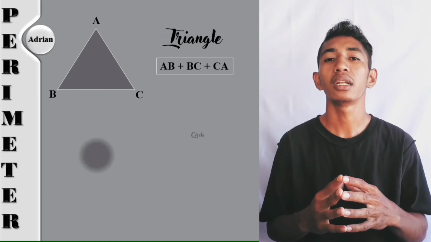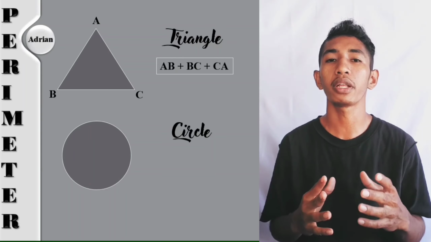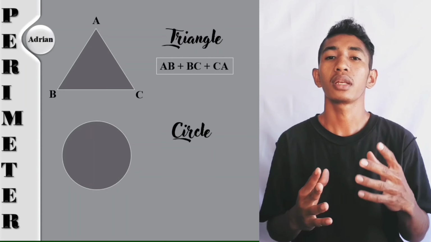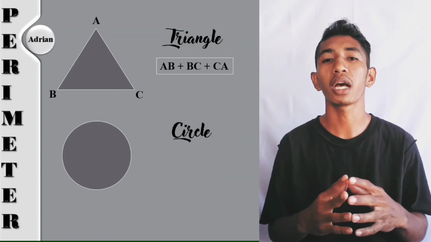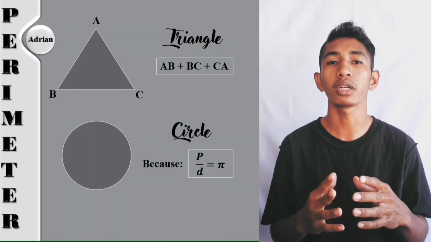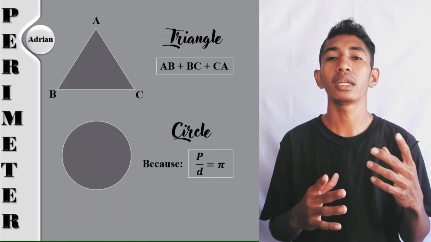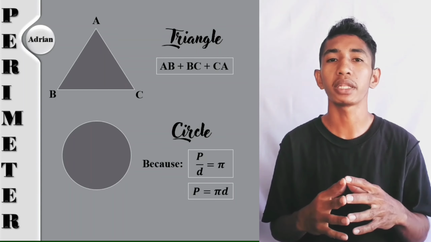Okay, next, circle. In every circle, the value of perimeter divided by its diameter remains constant. That constant is called pi, because perimeter divided by diameter equals pi. So we can get perimeter equals pi times diameter.